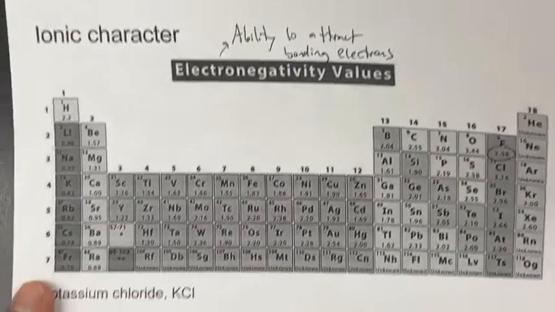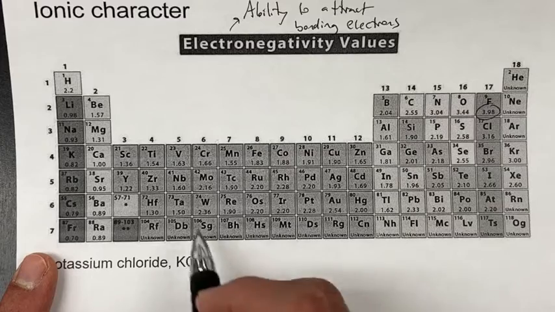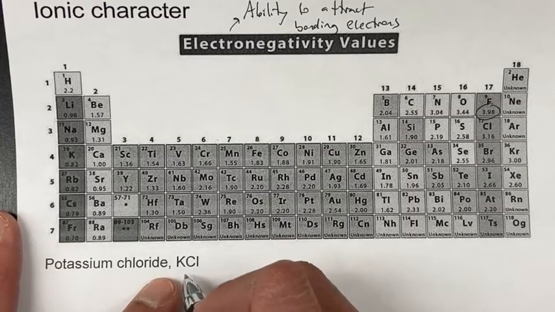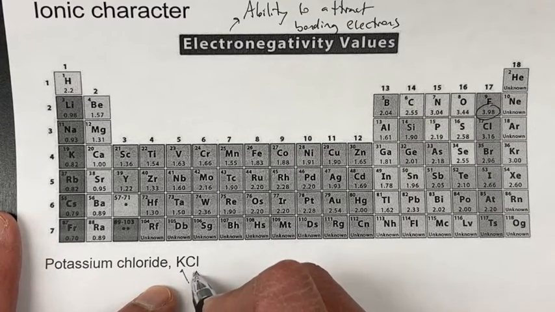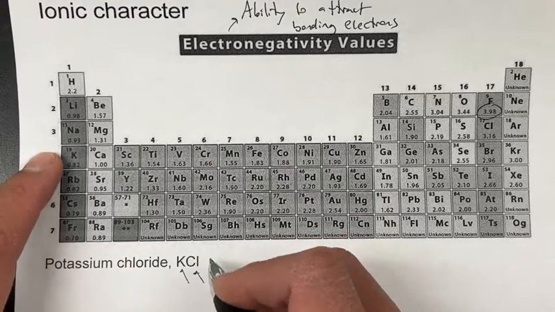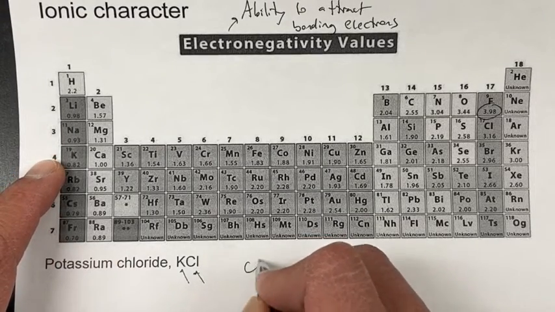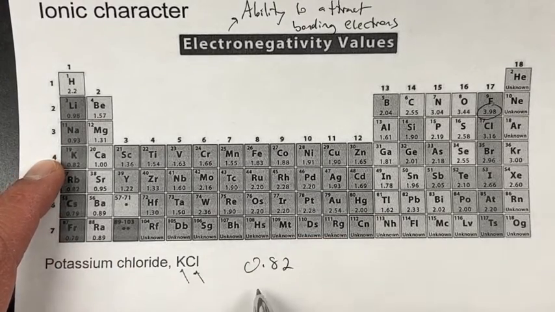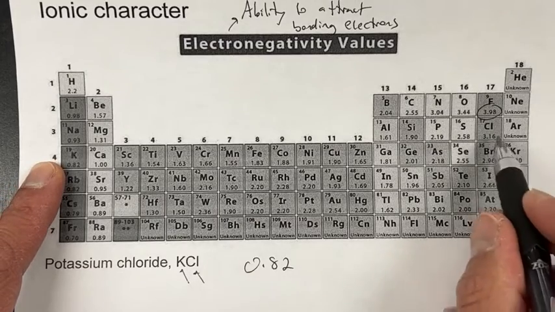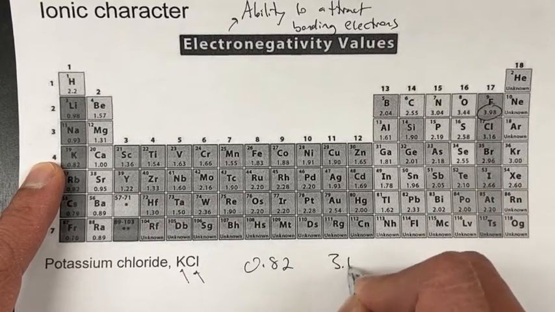And you can actually look at these numbers. So if I have K and Cl, for instance, K has an electronegativity of 0.82, and Cl has an electronegativity of 3.16.